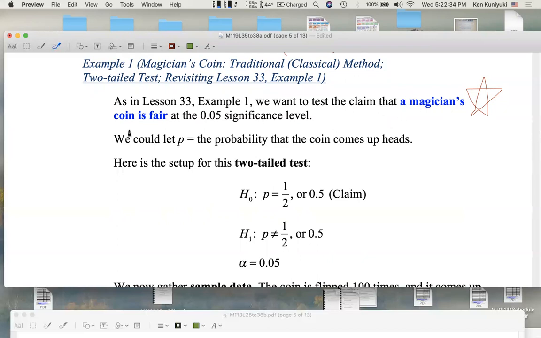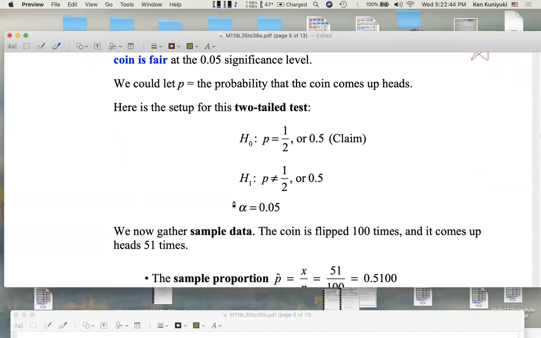A magician's coin is fair. That means P equals 1/2 or 0.5. That's the claim. This is the case of equality. Of course, it's the null. The alternative is then two-tailed, favors both lower values and greater values for P. Two-tailed test. Alpha is 0.05.